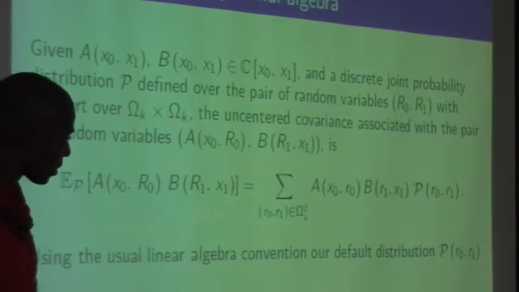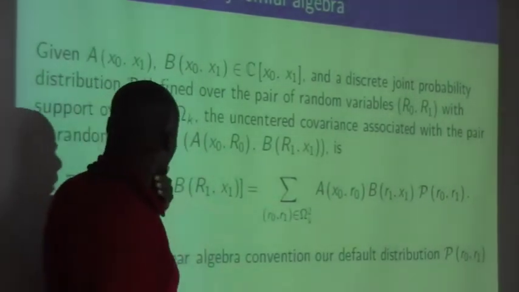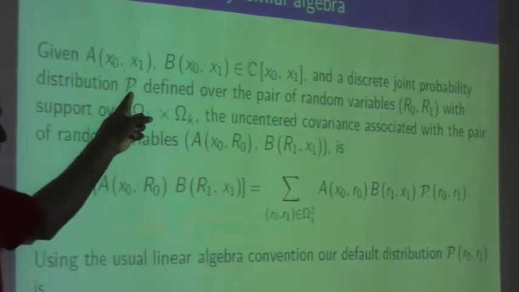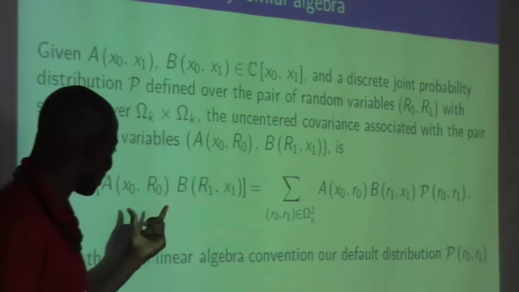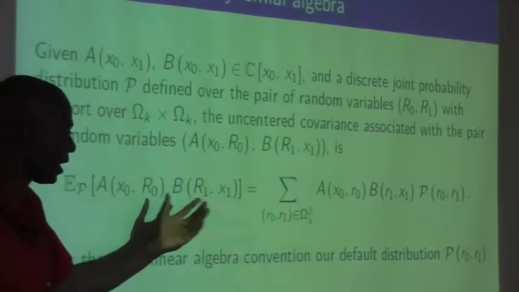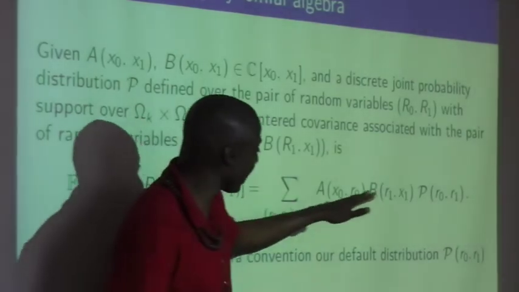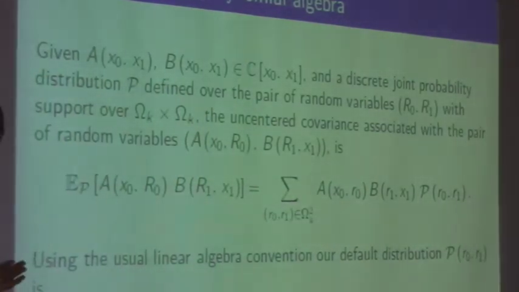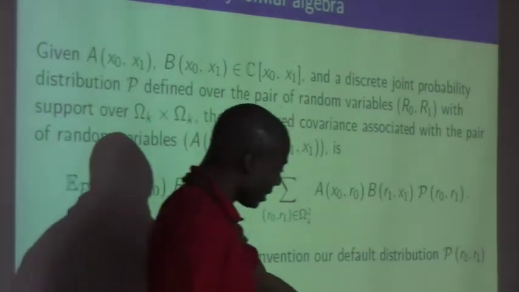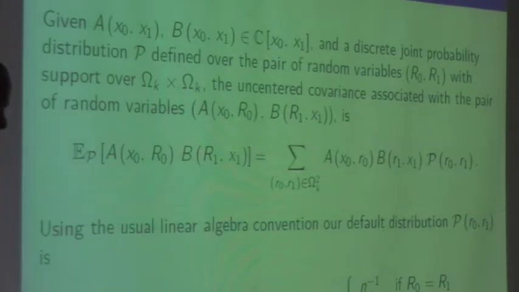All right? So now, if you say these are my random variables, and I associate with them a joint discrete probability distribution, then the uncentered covariance, which is just correlating two random variables, has this formula. This is a formula for the expectation of the product of two random variables. Well, if you pick your joint distribution to be the identity matrix, this is a formula for matrix multiplication.